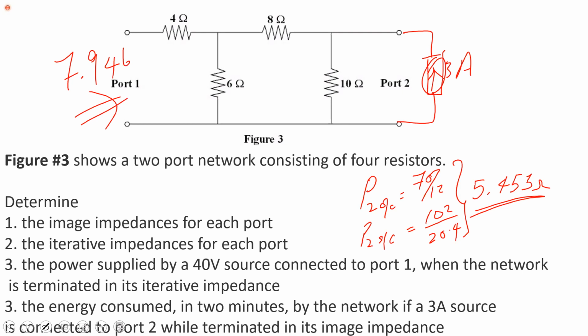Oh, but that has to do with, you know, I'm being harsh. I'm being tough. So let us work out the iterative impedance. Maybe I should do that first, right? It's not 5.453. That's not it. So let me do the iterative impedance first. We're coming back to you now, Mr. Grant. Not a problem, sir.